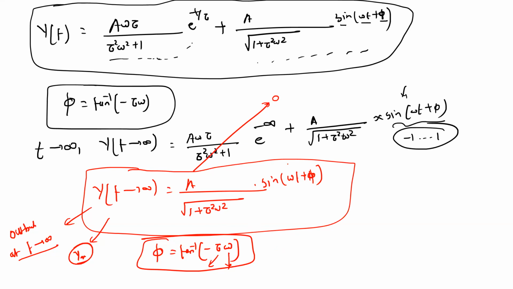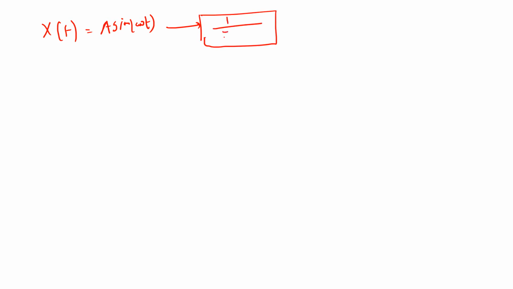So now you can see we have given x(t) equal to A sine omega t as input in this transfer function, where the transfer function is 1 upon (tau s plus 1), and we are getting y(t), the output, equal to A upon root over (tau square omega square plus 1) into sine(omega t plus phi).